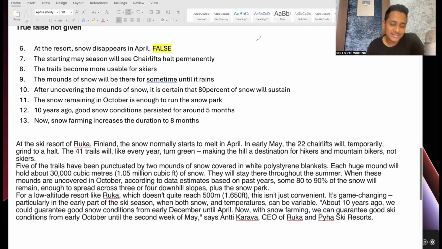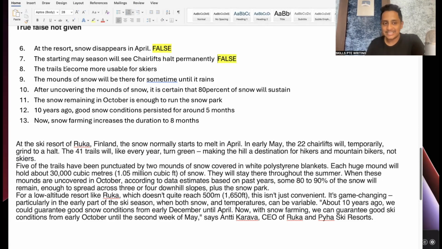In the snow areas, it is very common. Chairlifts will temporarily grind to a halt, not permanently halt. Exactly contradicting. Correct, Pallavi? So it's again false. These are the very silly ones. You cannot afford to make mistakes. Please be watchful. Keep yourself vigilant.